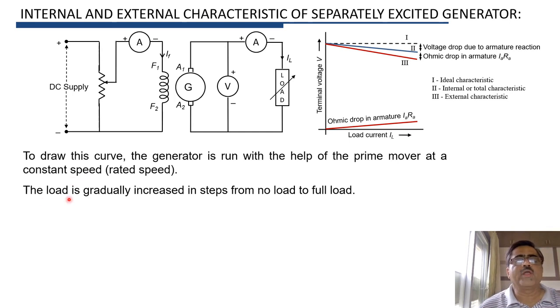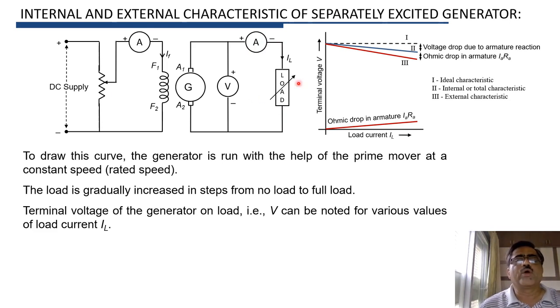Now the load is gradually increased in steps. So the load is variable and it is gradually increased from no load to full load. The current flowing through the load IL can be recorded with the help of this ammeter, which is connected in series with load.